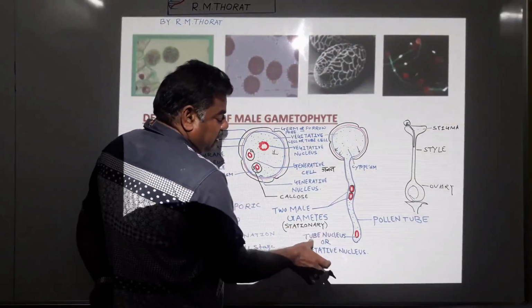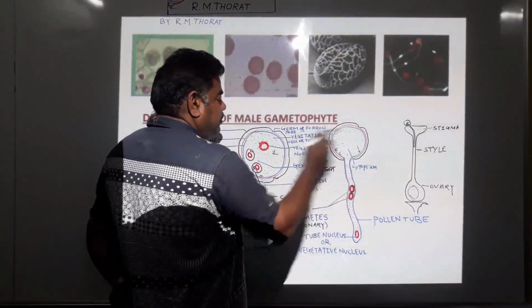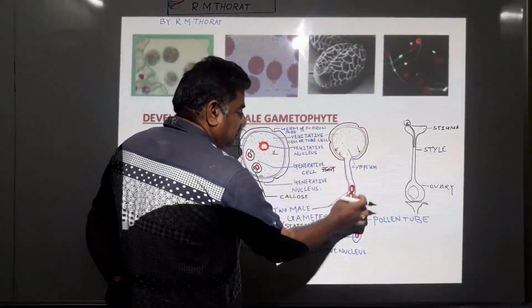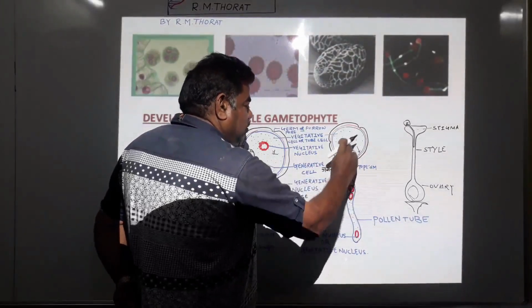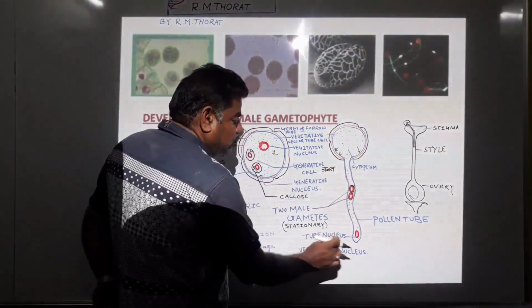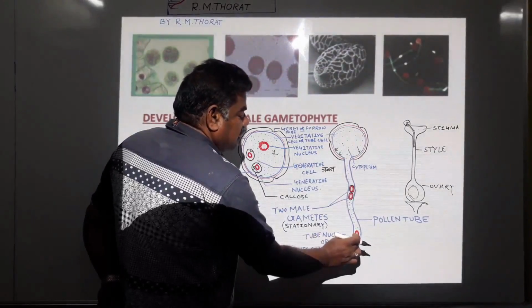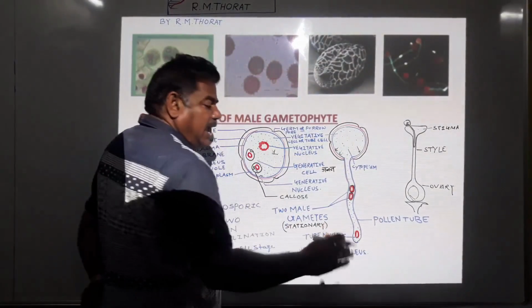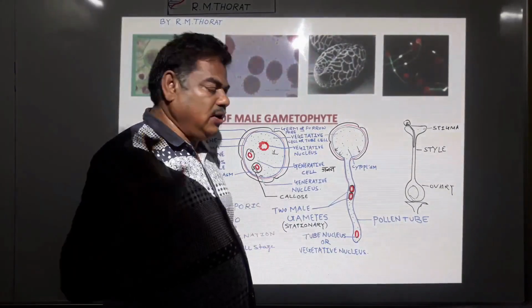First this structure comes into the pollen tube, then along with the movement of the cytoplasm, the tube nucleus or vegetative nucleus comes to the tip of the pollen tube, and in future it disintegrates and dissolves.